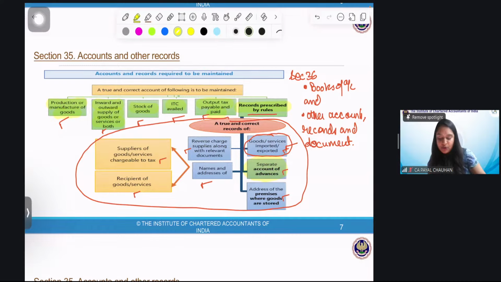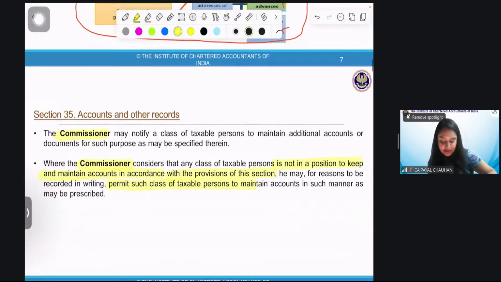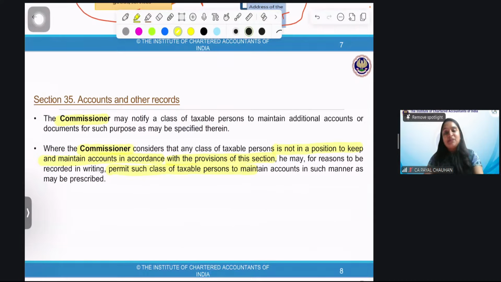Then the import export example I have already taken. Commissioner, you people remember, but still I'll ask you. Let me reframe this question.